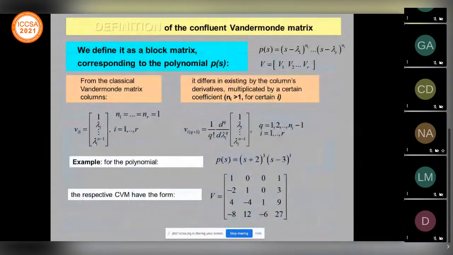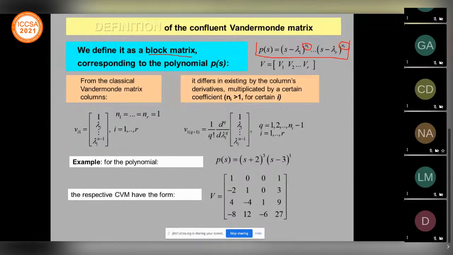We define it as a block matrix. How do we define it? For ordinary van der Monde matrices, the characteristic polynomial has single nodes. Here we allow the nodes to be multiple.